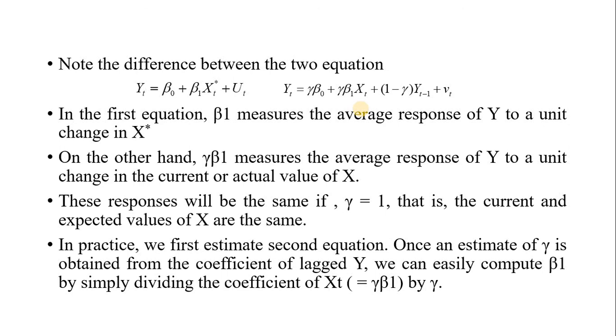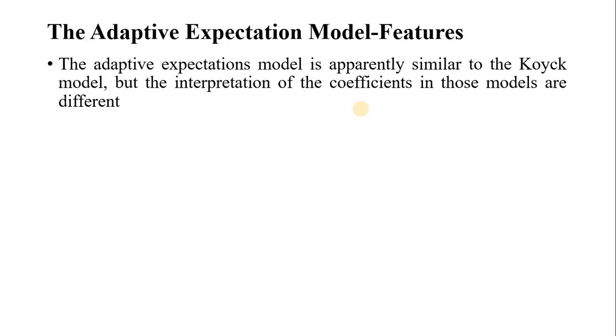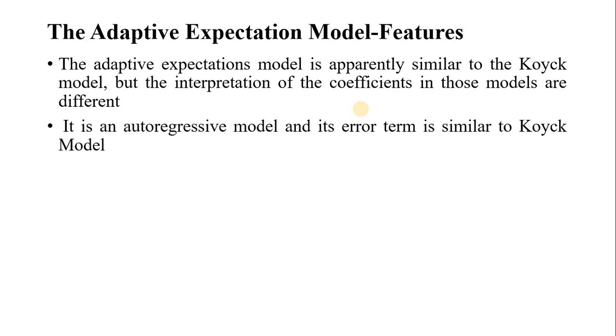Okay, so now you look at these two models, Koyck model and adaptive expectation model. Both are looking similar. If you look at both models, earlier we used the lambda coefficient, but here we are using the gamma coefficient.